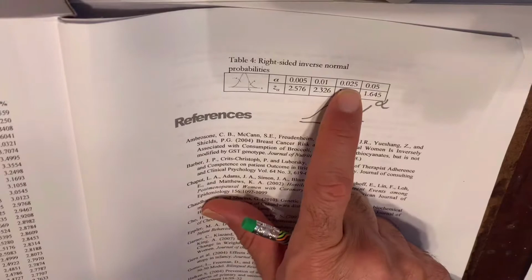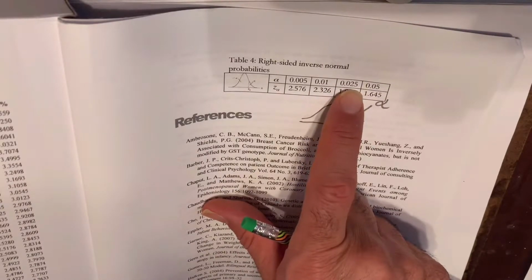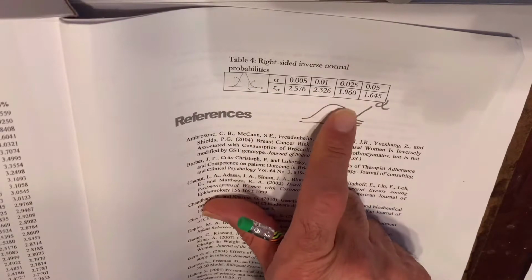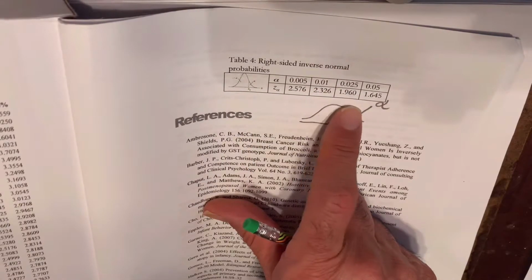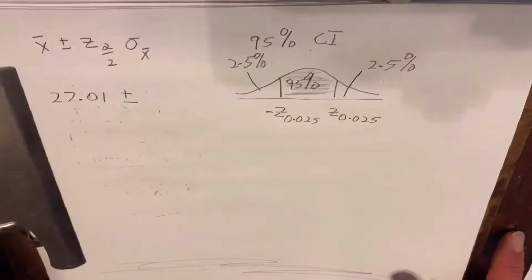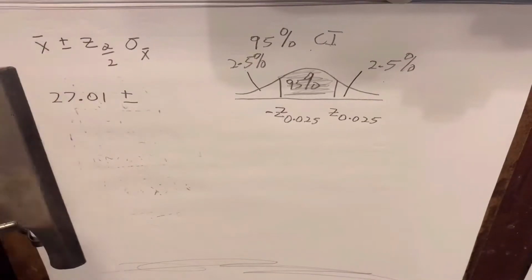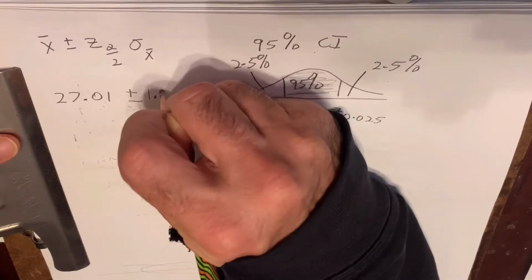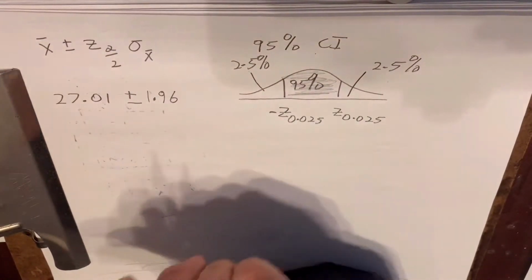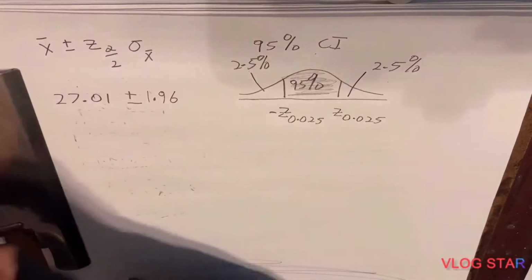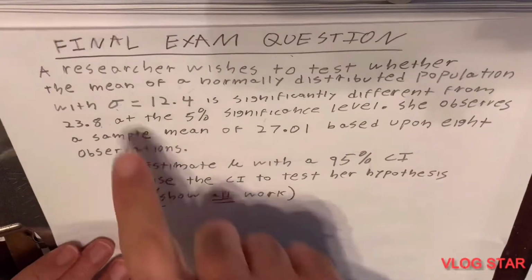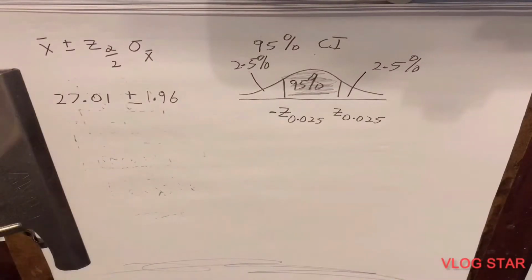And here we see 0.025 is the area in the right tail, so this z-score is 1.96. So we have plus or minus 1.96, and we saw that the standard deviation is known to be 12.4.